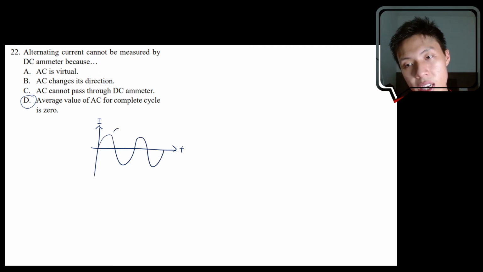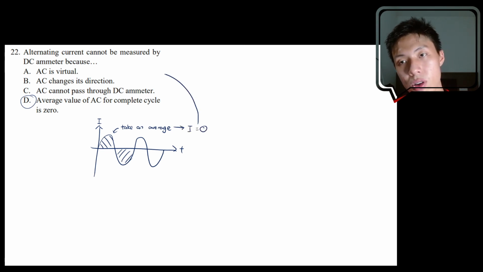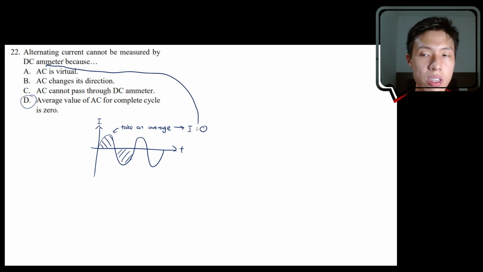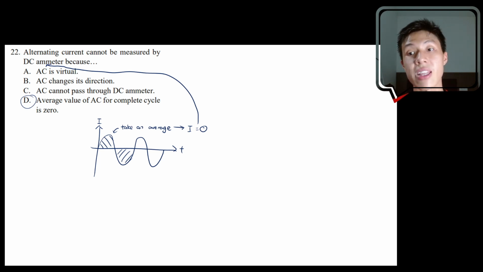If you take an average of this graph, you can see that the upper area will cancel out the lower area. So at the end, when you take an average, the current will be equal to 0. That's why your DC ammeter will measure nothing. You cannot measure the alternating current because the average value of the AC current will be equal to 0, and that is what the DC ammeter can pick up.